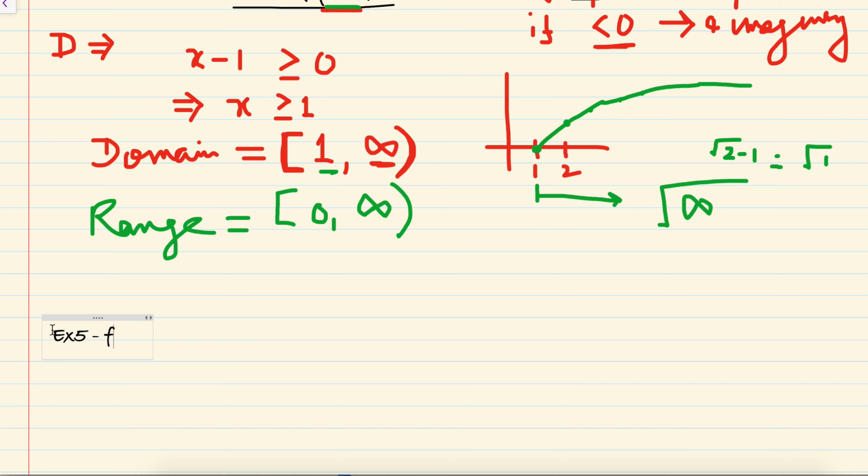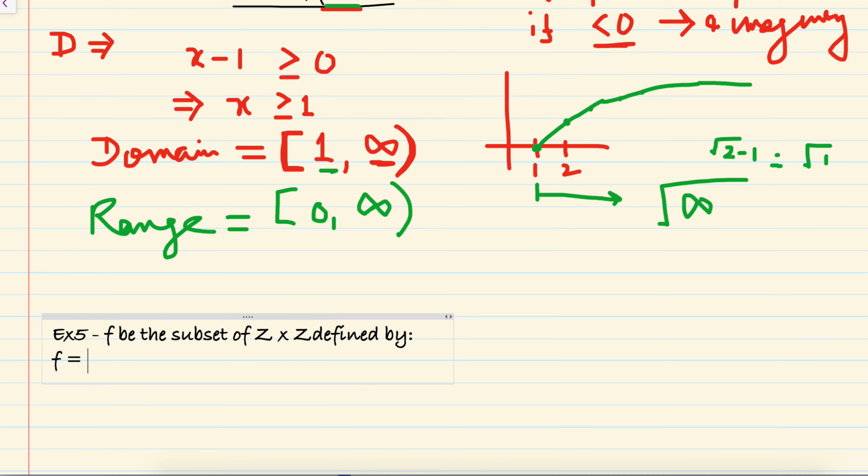So let f be the subset of Z cross Z defined by f is equal to (AB, A plus B).